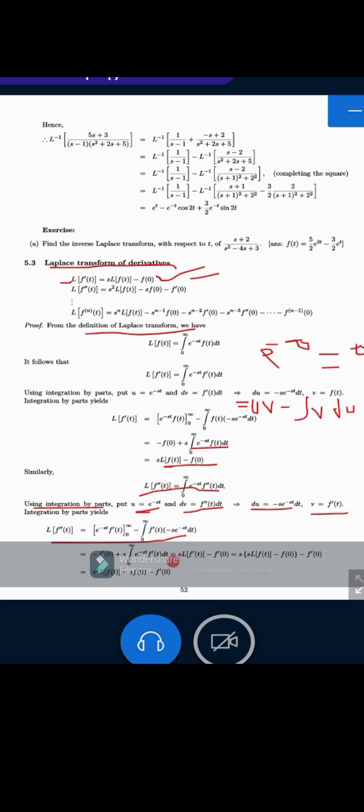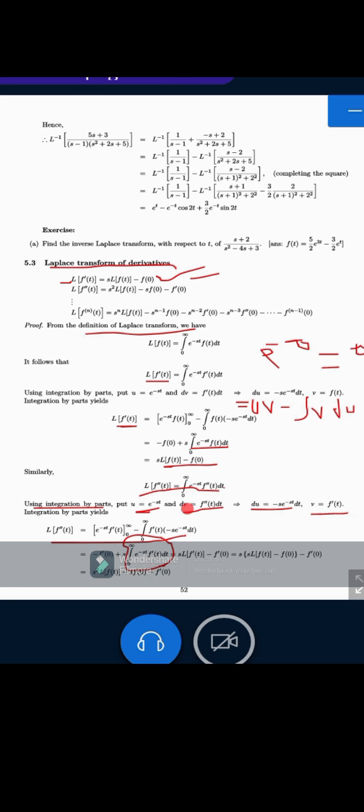If you look at it very keenly, this part simply represents the Laplace transform of f prime of t, which is shown here.